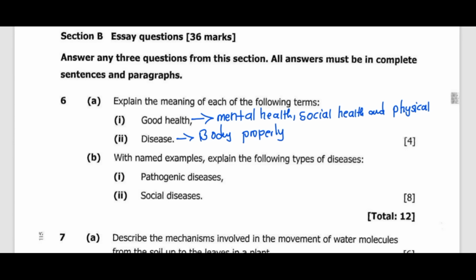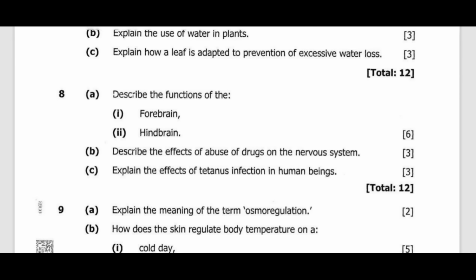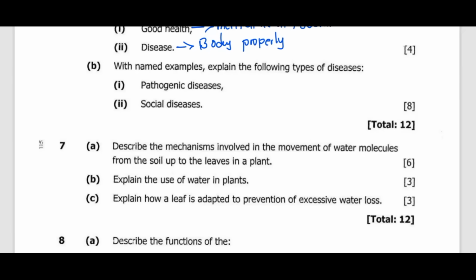Then let's look at question 6b. For named examples, explain the following types of diseases. The first one is what we call pathogenic diseases. So what are these pathogenic diseases?